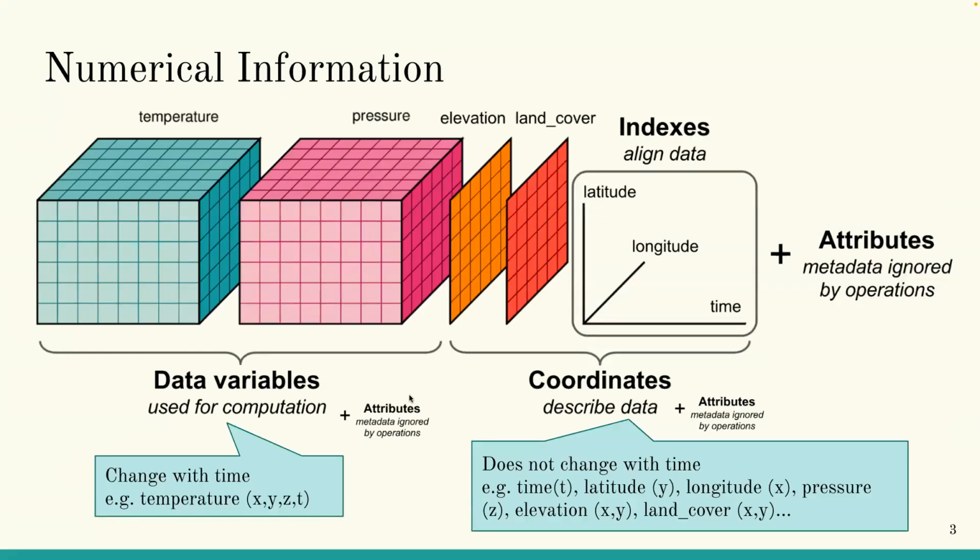So how do we visualize the data? Here is a simple schematic diagram showing you how a NetCDF file stores the data. First of all, we have to understand the numerical information. What does numerical information mean? The information with numbers, right, with data.